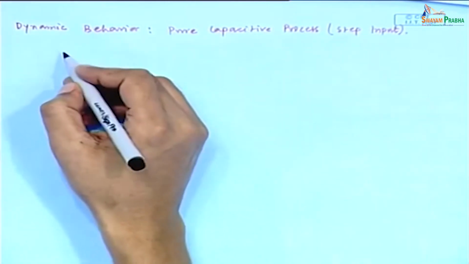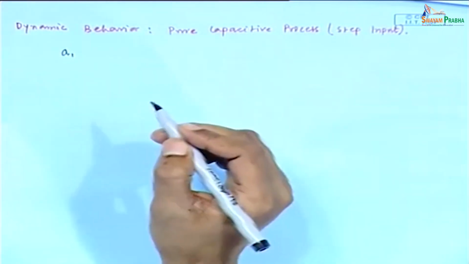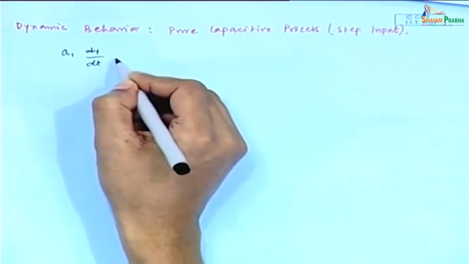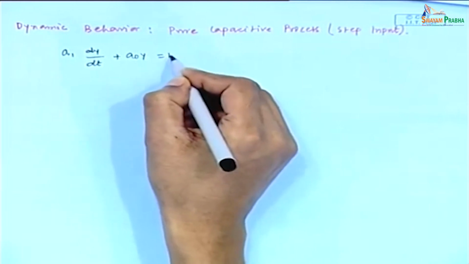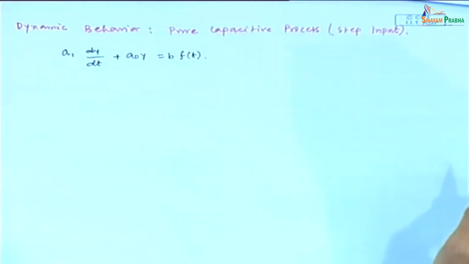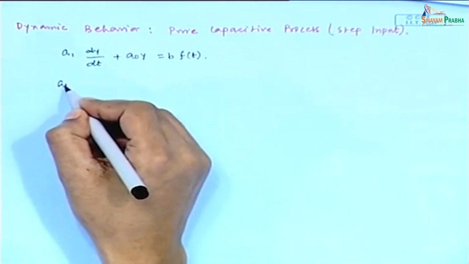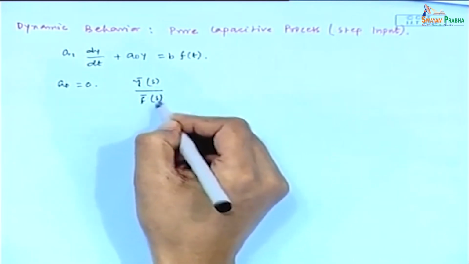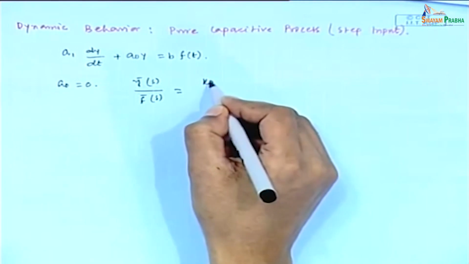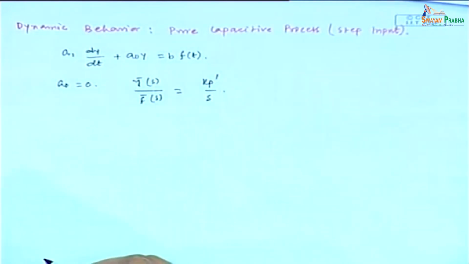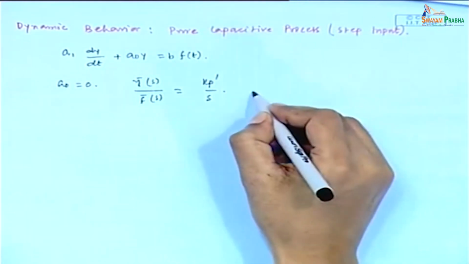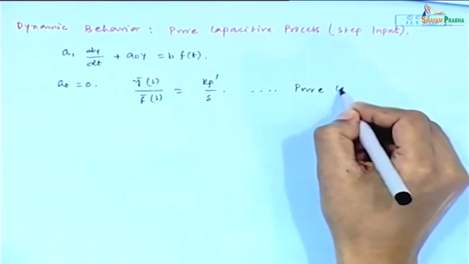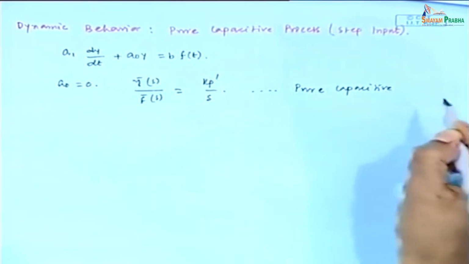Now, you can recall the first order system model A1 dy/dt plus A0 y equals B f(t), and considering A0 equal to 0, we got Y bar(s) divided by F bar(s) equal to Kp prime by s, and this is the transfer function of a pure capacitive process that we have derived earlier.